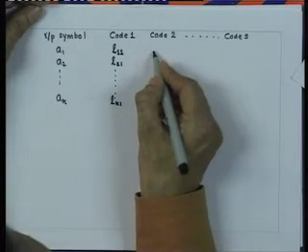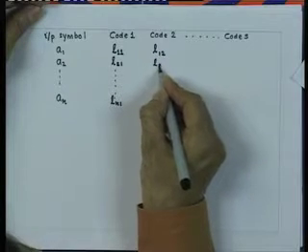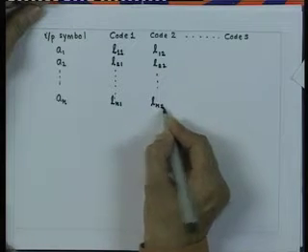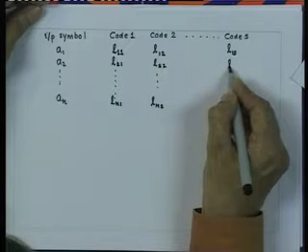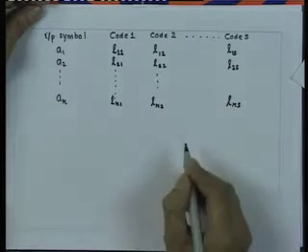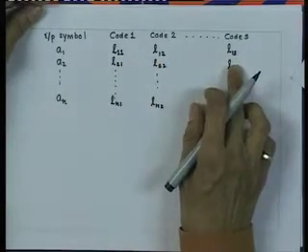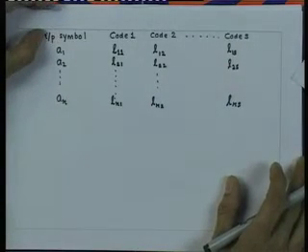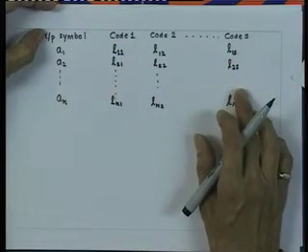So, similarly for code 2, we have L12, L22 and finally LR2, and for code S we will have L1S, L2S, LRS. So, we have S codes corresponding to the input alphabet. Now, we require that each of these codes be instantaneous.